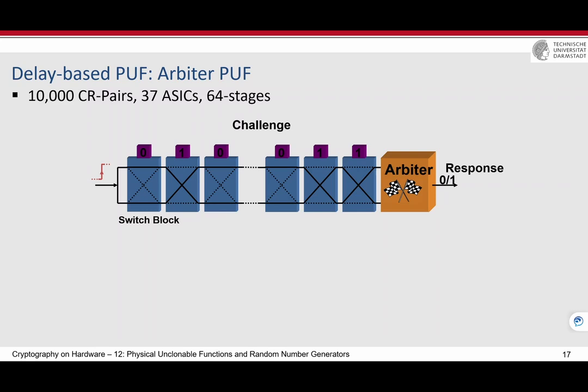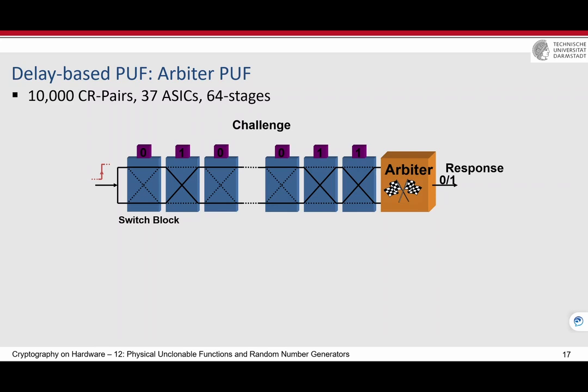From one chip to another chip, the delay between these switch boxes, whether this one is faster or the other one when they pass, depends on the implementation. And then this will be a kind of PUF: if you give the same challenge to different PUFs, exactly different implementations of the same PUF, then the arbiter output, the response, is not exactly the same.